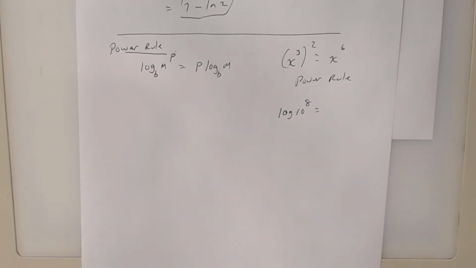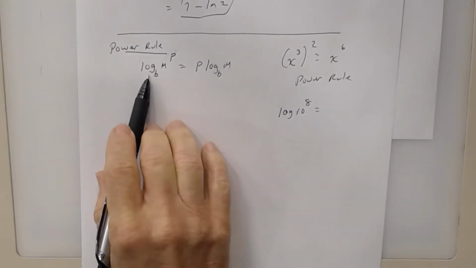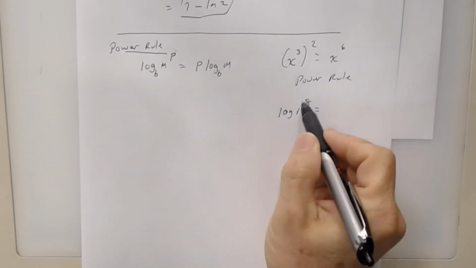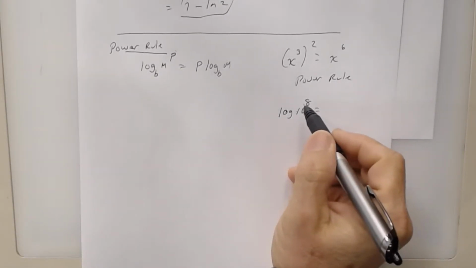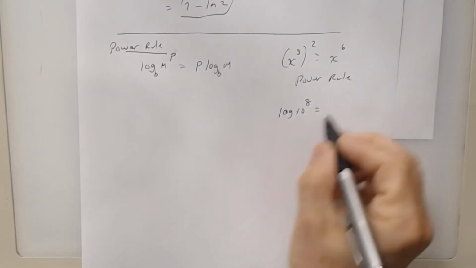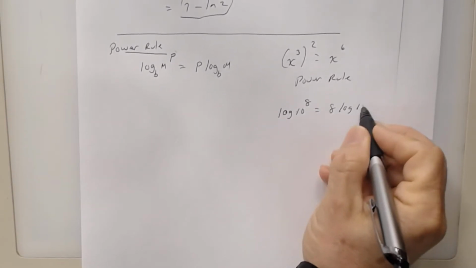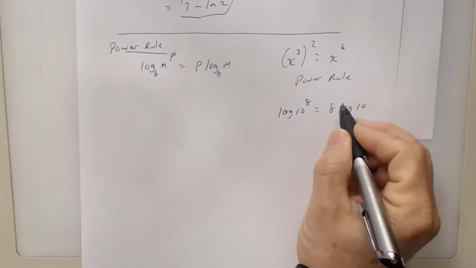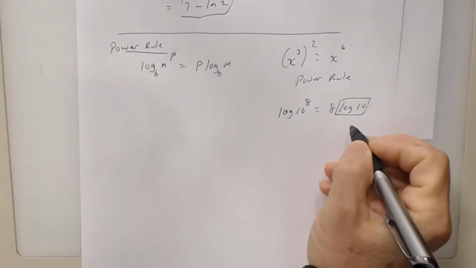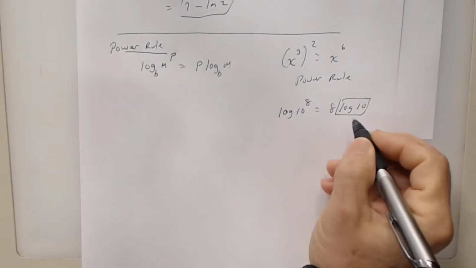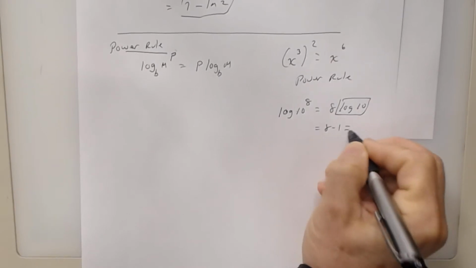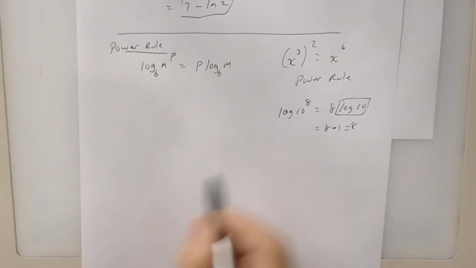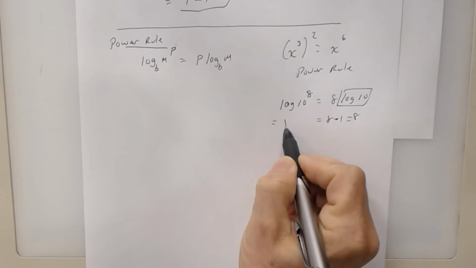Well, let's think about this rule now. This rule says I can take the exponent and pull it out in front. So that will be 8 times the log of 10. Well, what is the log of 10? 1. So what's 8 times 1? 8. So the answer is just 8.